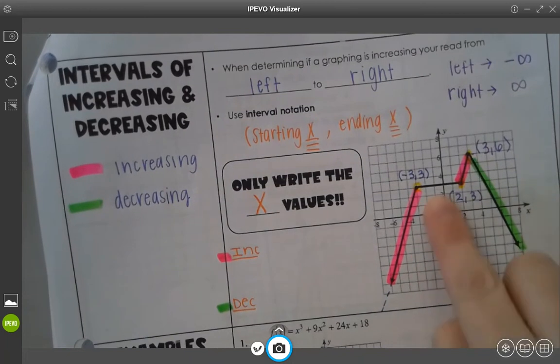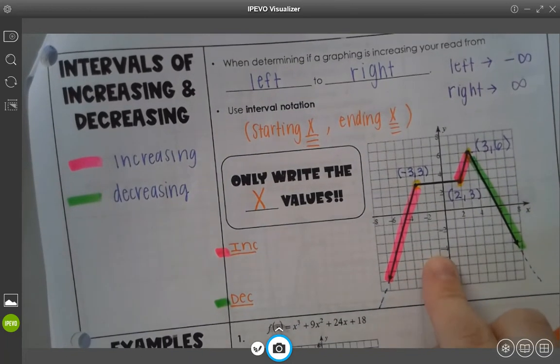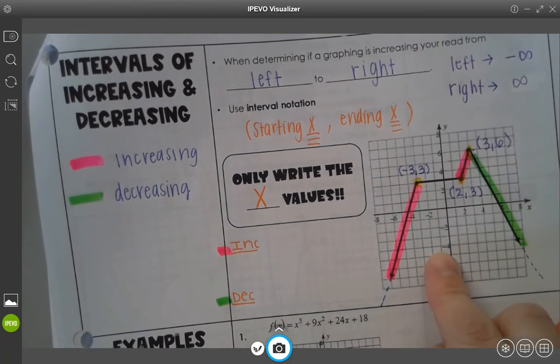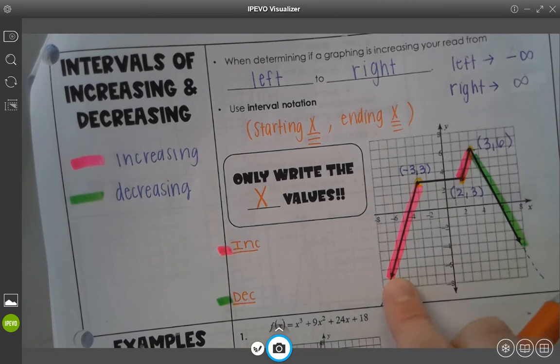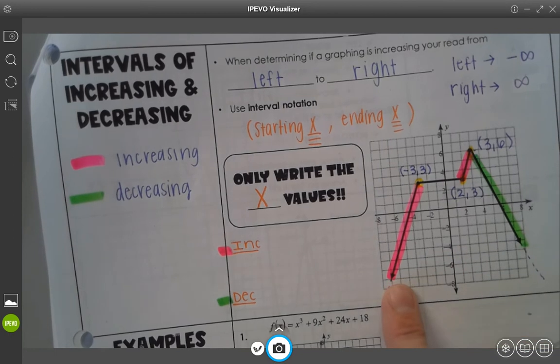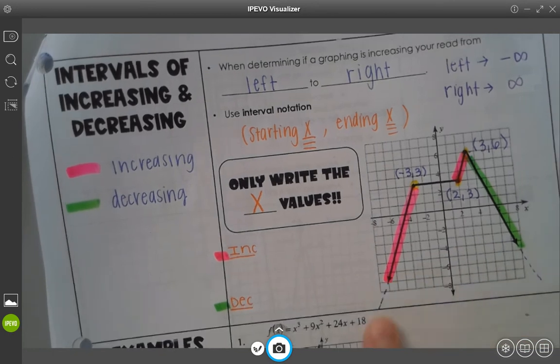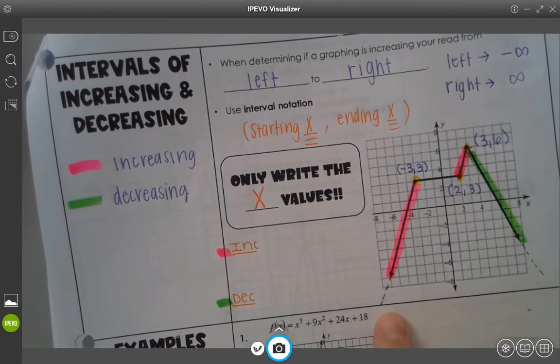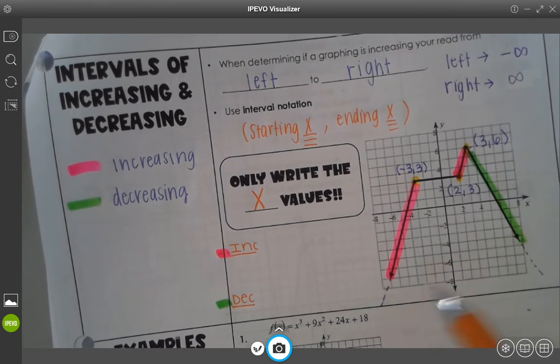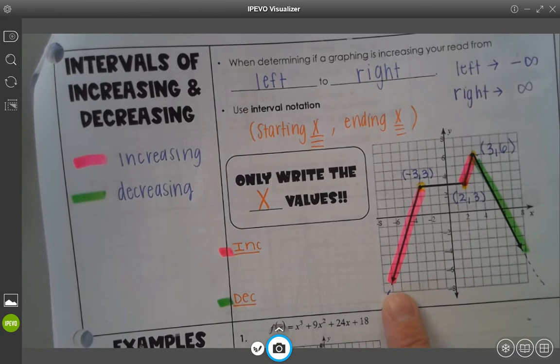So my first one, where does it start? What did we say about this over here? It's an arrow. It goes forever, so we really can't find a start. Just because my arrow stopped there, that's not really where the whole graph started. So what do we do if we have an arrow on the graph?